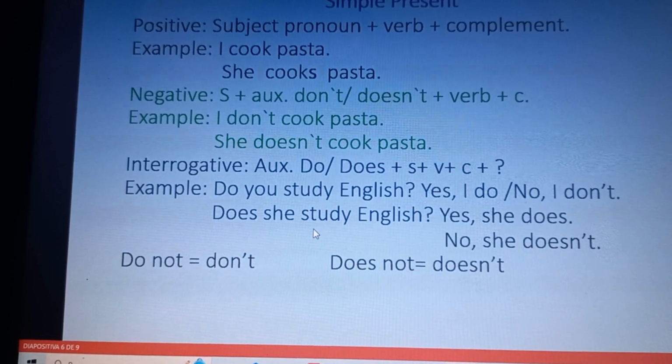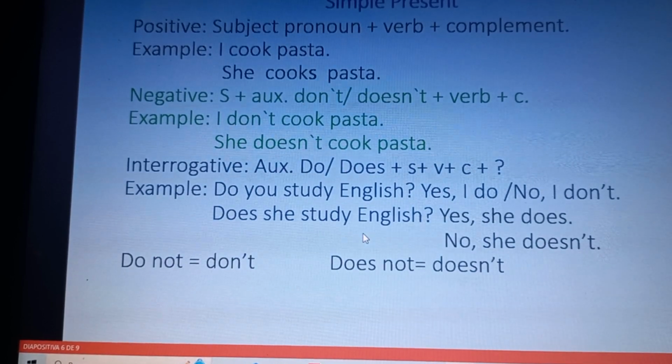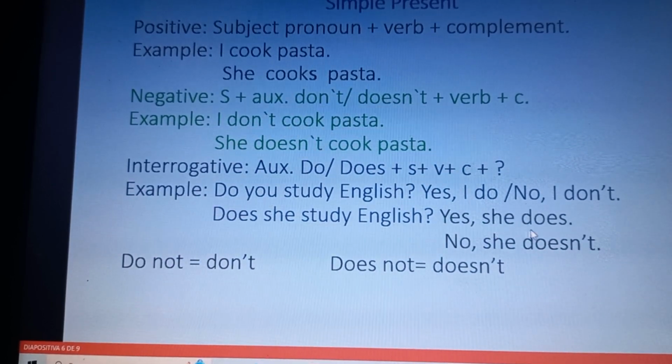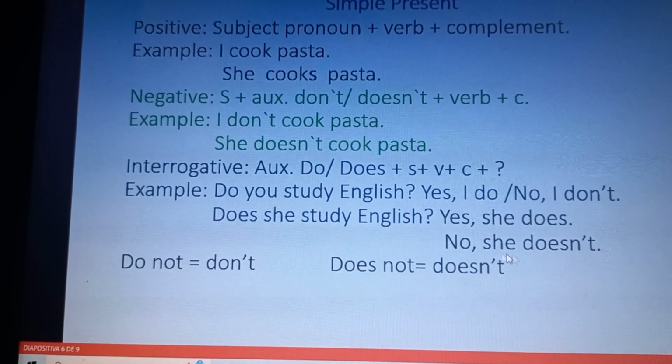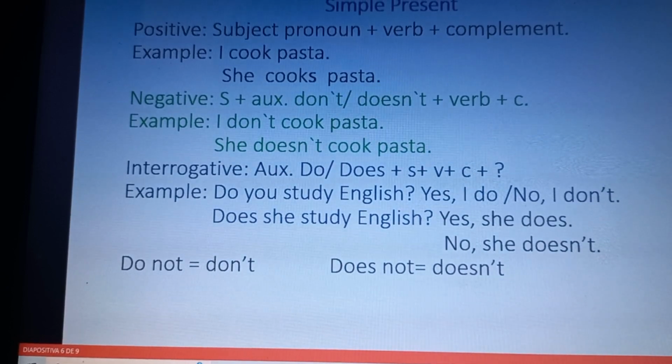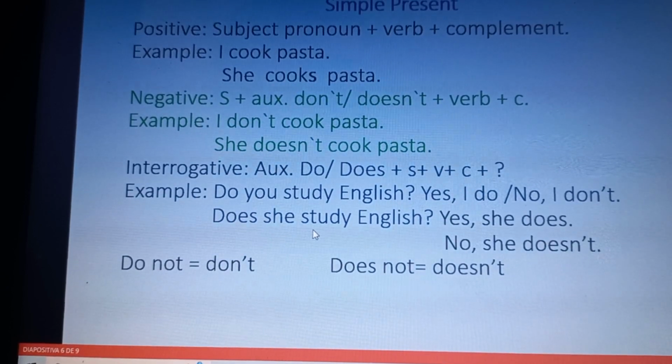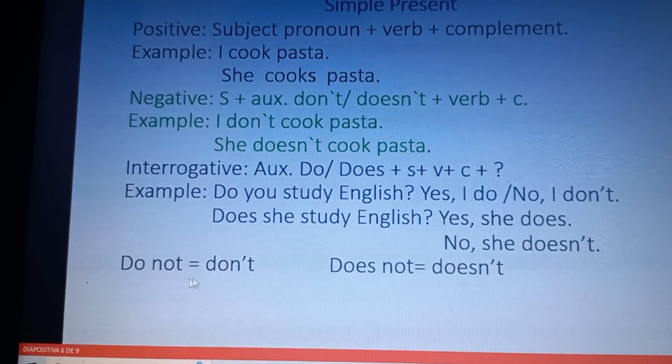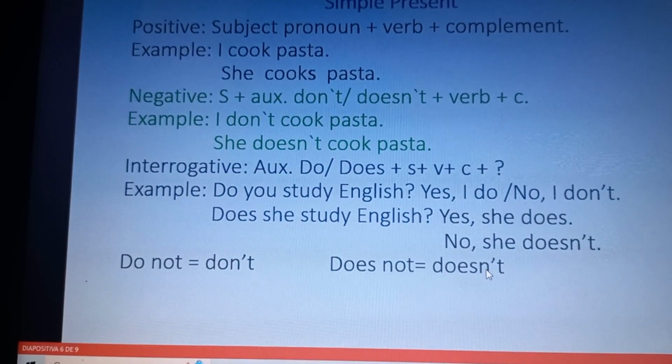Yes, no questions. Does she study English? You say yes, she does, or no, she doesn't. Remember, to answer yes, no questions, we use the auxiliary, okay? Also, don't forget to use do not equals don't, does not equals doesn't.